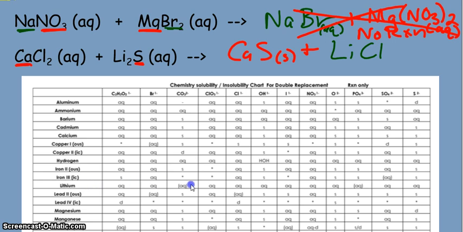And we're going to take that over to our chlorine, and we see that's aqueous. So since this reaction happens, now we're going to balance it. And the only thing I'll need to do is put a coefficient of 2 by the lithium chloride to balance out the ones on the left.